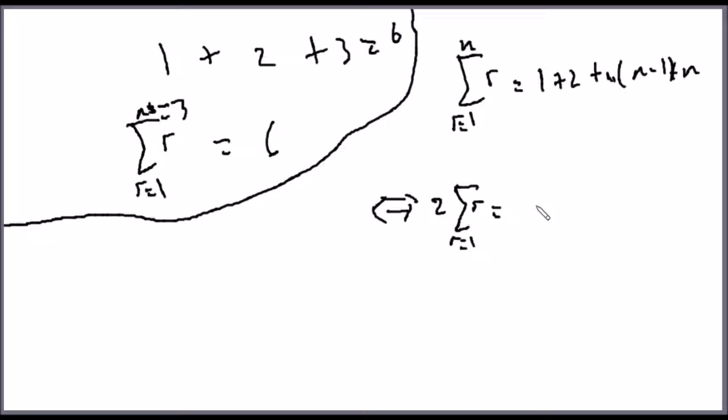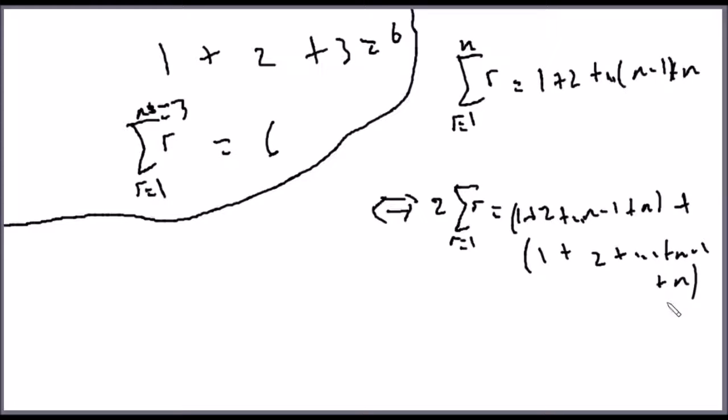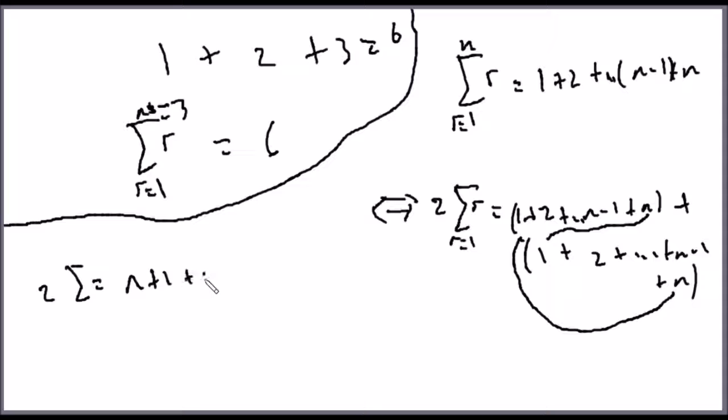So for this, it's just 1 plus 2 plus n minus 1 plus, there should be a dot dot dot, plus n, plus this again. But you can join all of these together, so this n goes to that 1, and this 1 can go to that n, and the 2 can go to n minus 1. So 2 times this just equals n plus 1 plus n plus 1 all the way up to the nth place.